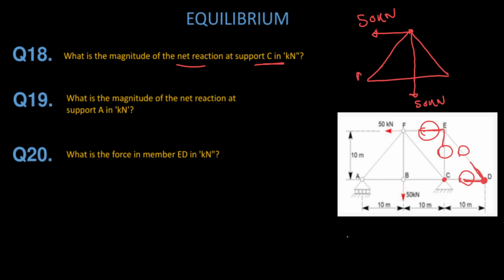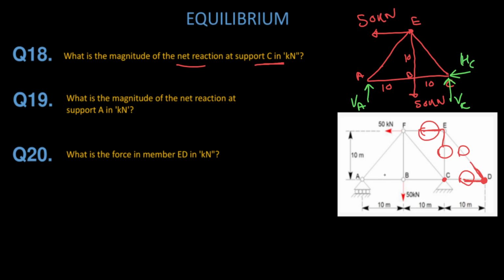This is the point A, this is the point called B, this is C, this is E. Okay, this height is given 10, this is also given 10 and this is also given 10. Since it is a roller support, only vertical force will be here, so it's a vertical at point A. Here is a hinge so there will be two reactions, that is vertical at point C and horizontal at point C.